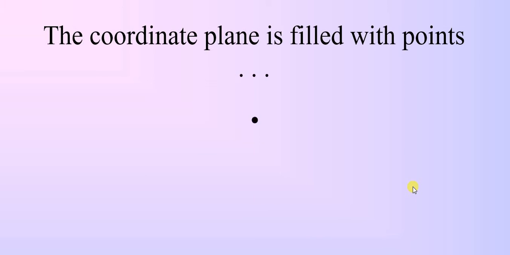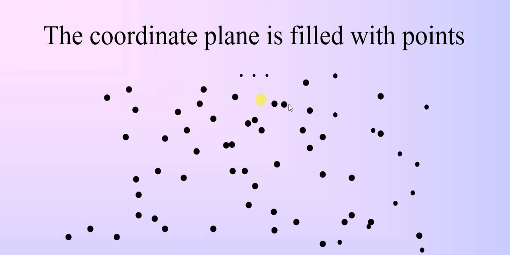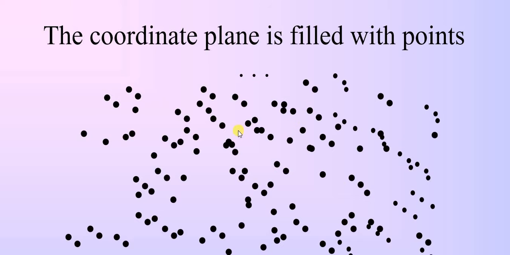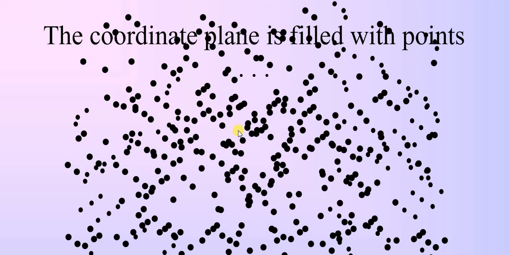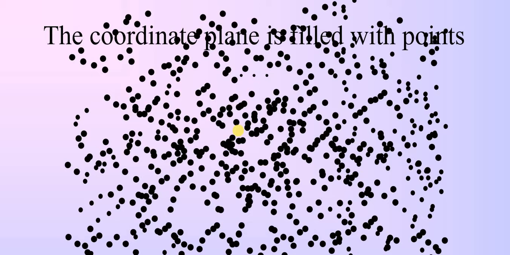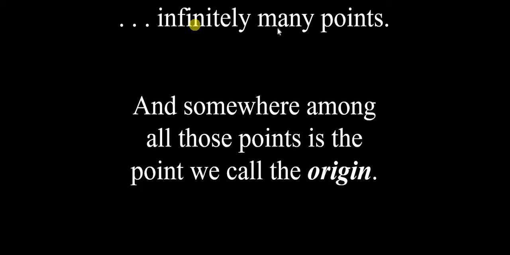The coordinate plane is filled with many points. As you can see, we have many points filling up our screen. Infinitely many points. As you can see, it became black because we have infinitely many points in the plane.